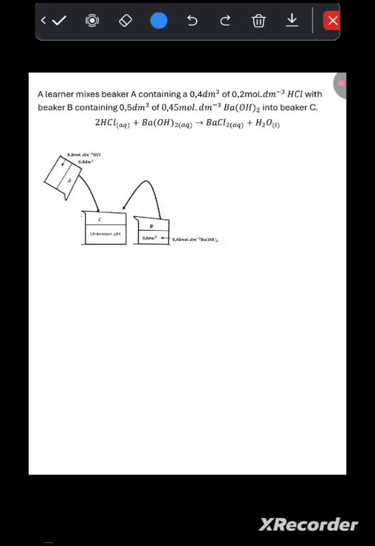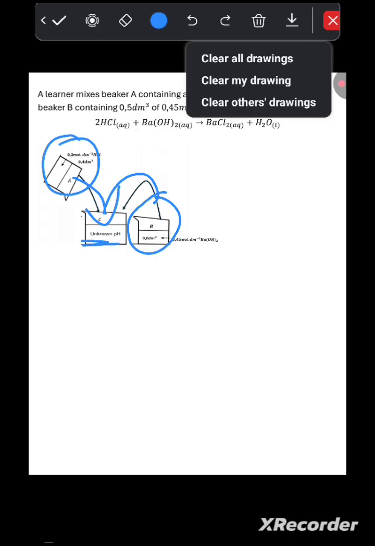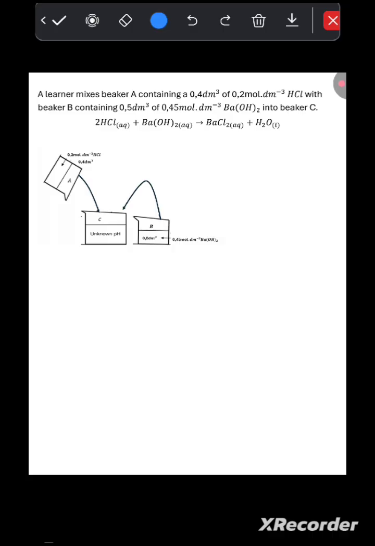You're given beaker A and beaker B. They pour them into beaker C. Then we want to calculate the pH. Now, what will happen? We know that we have to determine the limiting reagent, but we must use number of moles to determine that. So let's see.